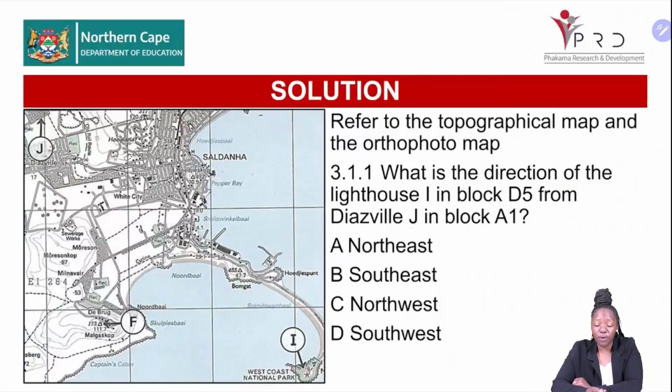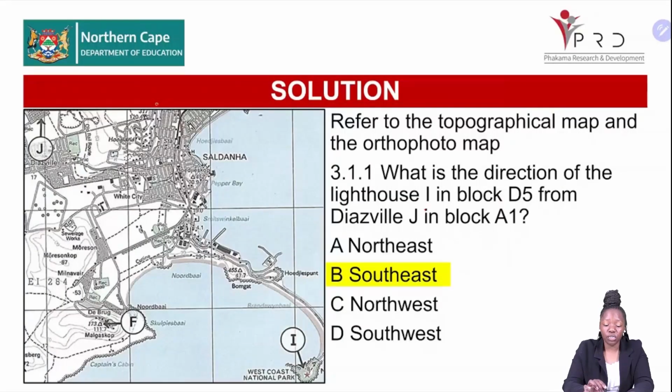Right, we were looking at the direction there. So how do we get the direction? Remember, you are given the lighthouse I from the Dieselville, J, in block A1. You're supposed to put your compass down. Remember, our answer is southeast.